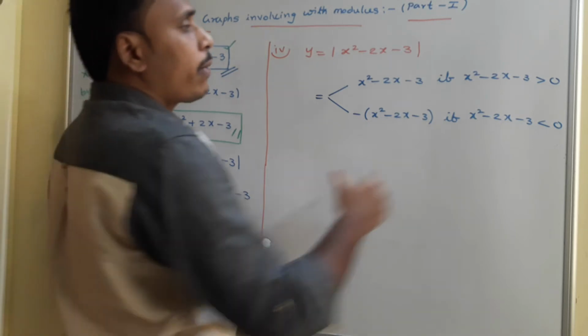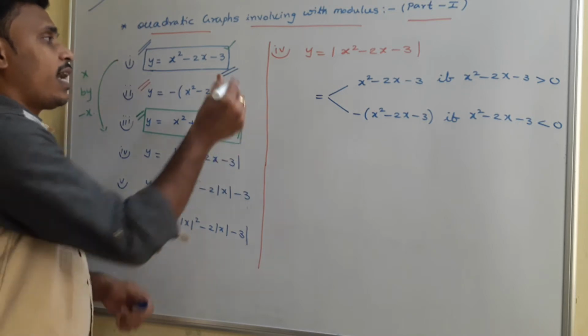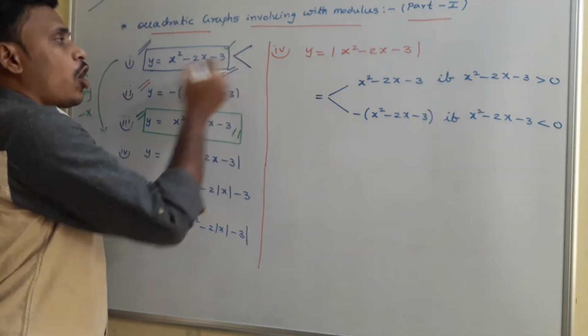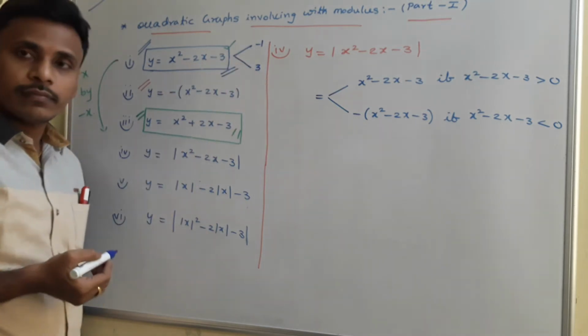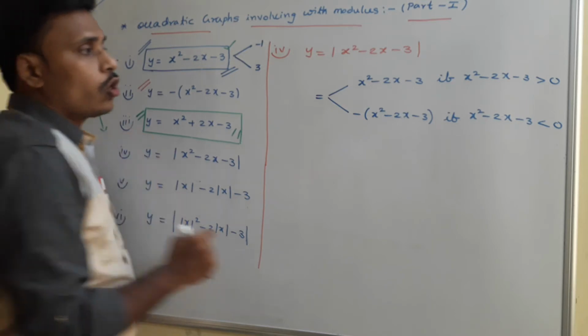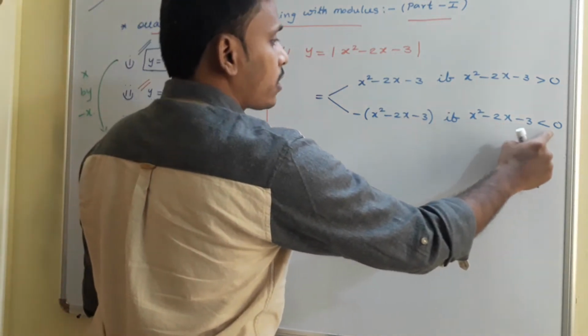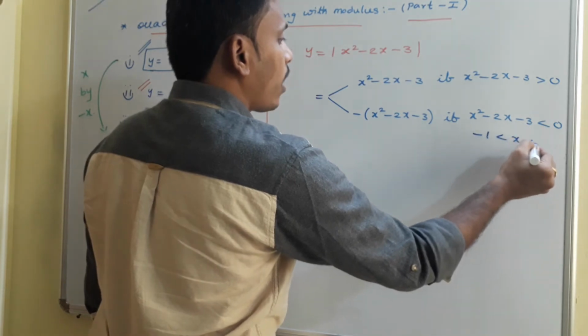So when does x square minus 2x minus 3 become less than 0? As we discussed, the roots of this expression are simply what? Minus 1 and 3. Is it right? The roots of this expression are minus 1 and 3. So since x square minus 2x minus 3 is less than 0, it happens in between minus 1 and 3.